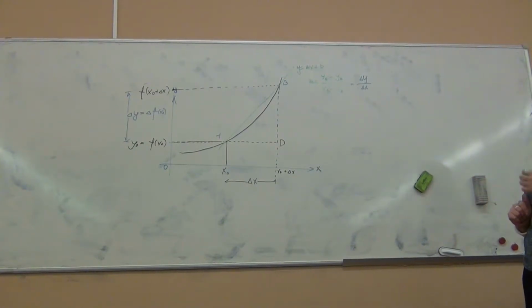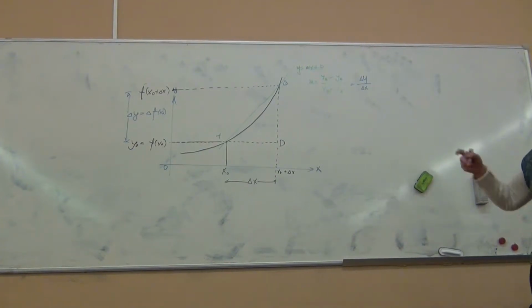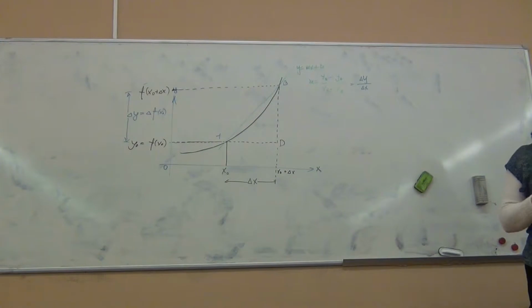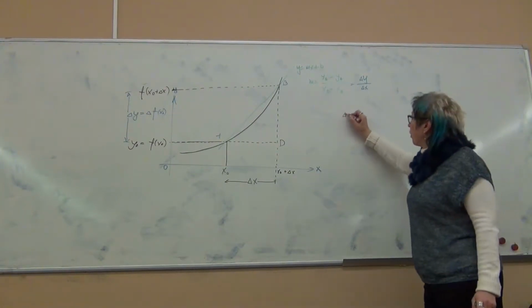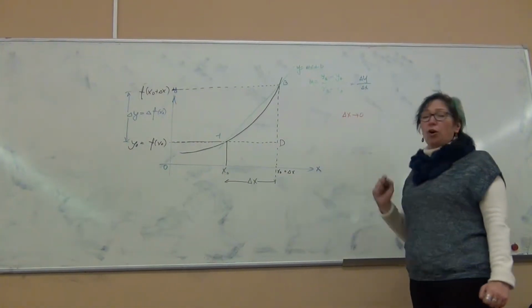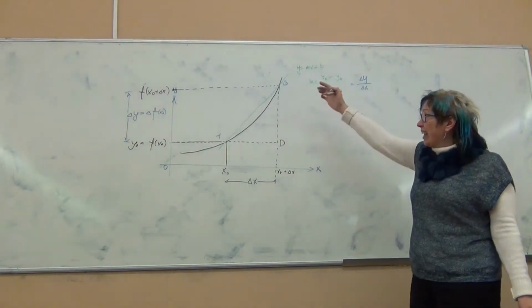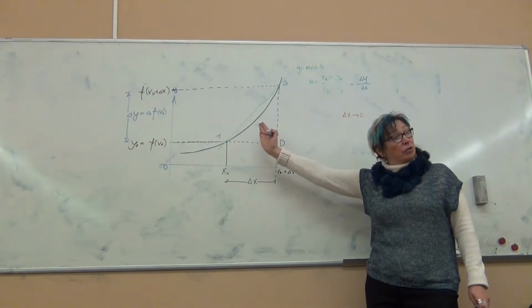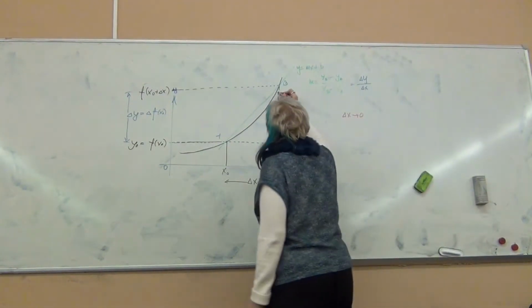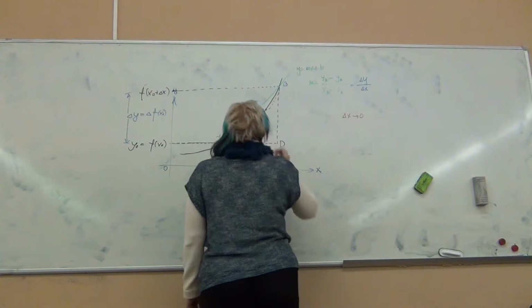So to find the rate of change at the point A, let's try decreasing the value of delta x. So let's say delta x tends to 0. What's happening? The point B is sliding closer to the point A. After a while, it's somewhere here, perhaps.